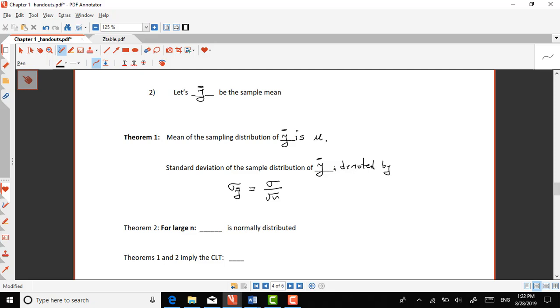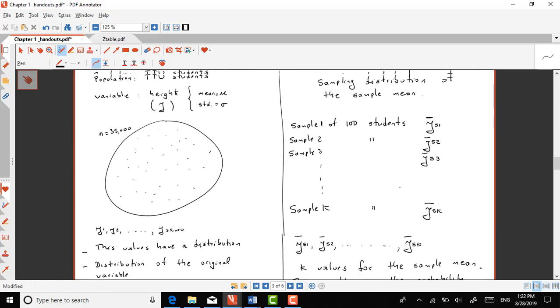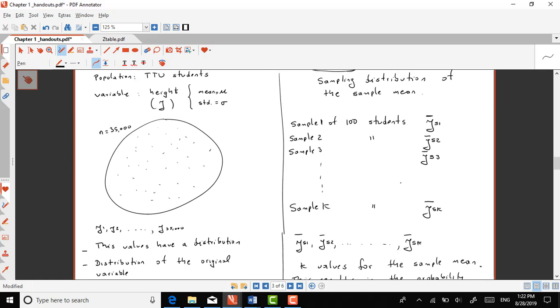So let's go back to our example and then you will see. Remember, here was the population of TTU students, and I was assuming that the mean was mu and the standard deviation was sigma. So we know that about the population. What we have right now is the sampling distribution for the mean, so we're talking about the characteristics of the distribution of this sample mean. Remember, the mean of y was mu and the standard deviation of y was sigma.